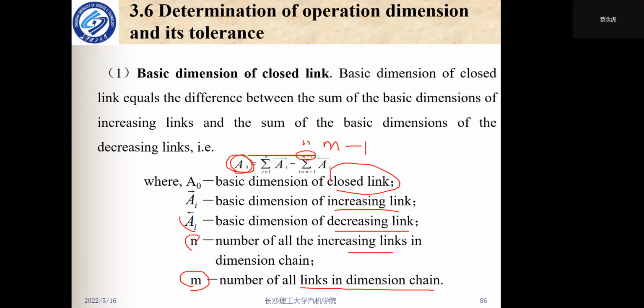If we add the one closed link, then we have the total number of all links in the dimension chain, M, and we only have N increasing links, and this is the number of decreasing links. So this equation is clearly not complicated.